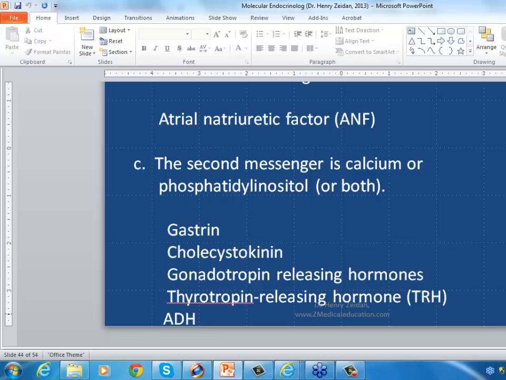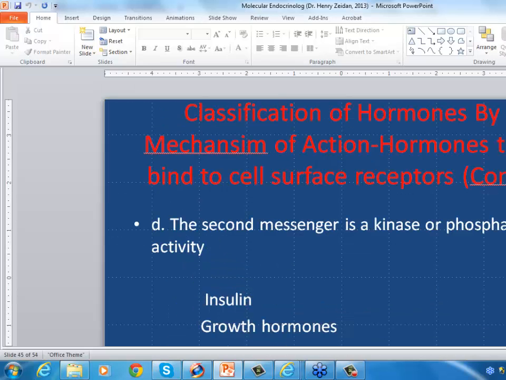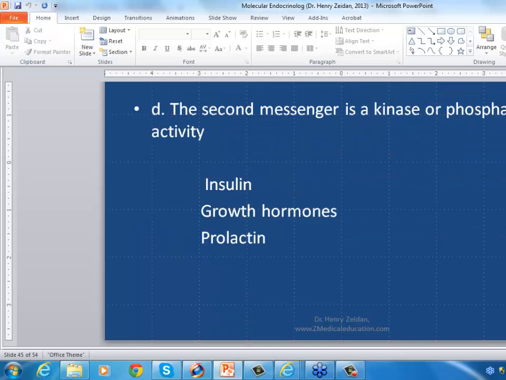Gastrin, gonadotropin releasing hormone, thyrotropin releasing hormone, ADH, all of that can also follow calcium or PI or both. Kinases, tyrosine kinase with respect to insulin, growth hormones, or phosphatase activities can be second messenger.